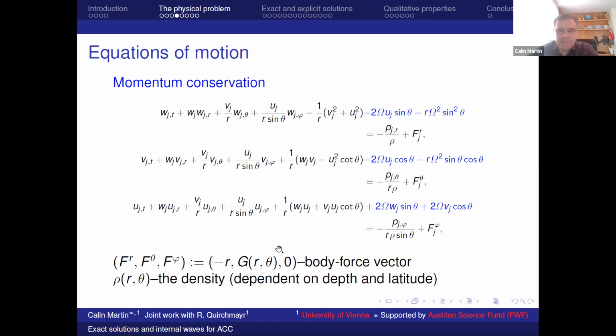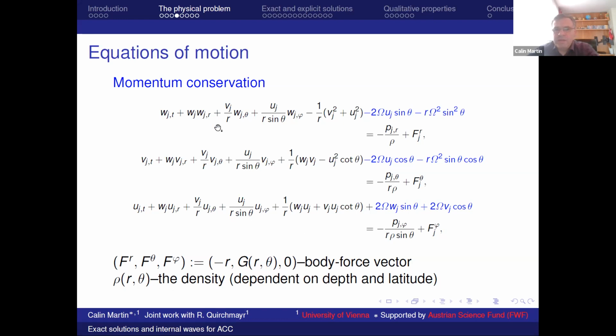Then this capital G of r and theta is a general function allowed in the system and represents a non-conservative body forcing. And rho, depending on r and theta, is the density. We assume that the density is given and depends on the depth and latitude.